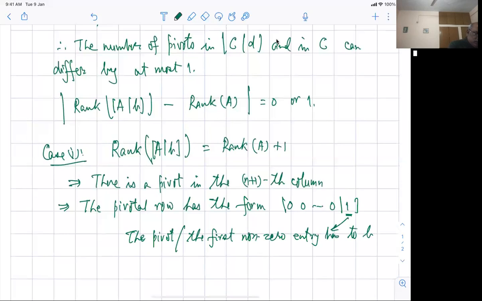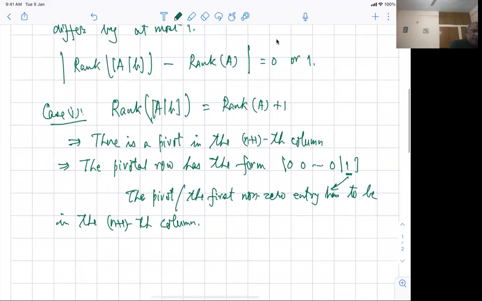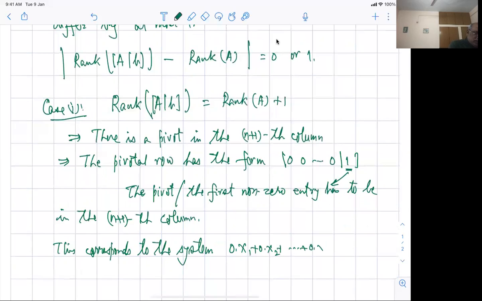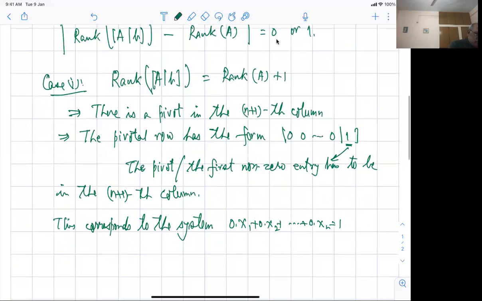This equation therefore corresponds to the system 0 times x1 plus 0 times x2 plus ... plus 0 times xn is 1, which has no solution.